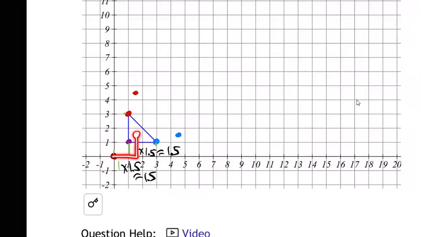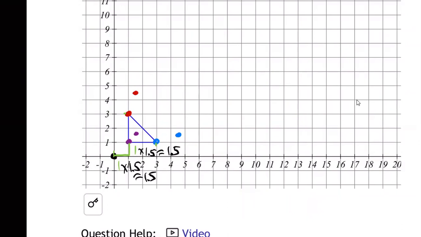So I just took the original arm, which was over 1 up 1, and I multiplied them both by 1.5 because that's our scale factor. And it's over 1.5 up 1.5. So it'll be right in the middle of that box. So that's the new purple point right there. And now we can just connect those 3 points.